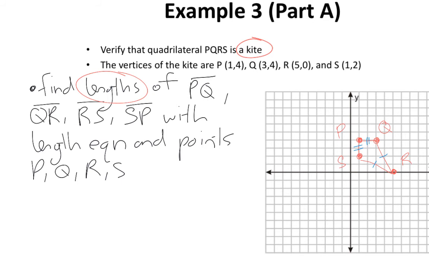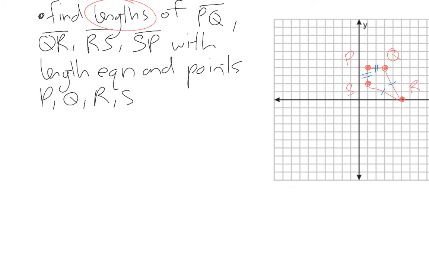Once we have the lengths of all of the side lengths of this kite, we need to compare the values. So let's write a step for that. I'm going to need a little bit more space.